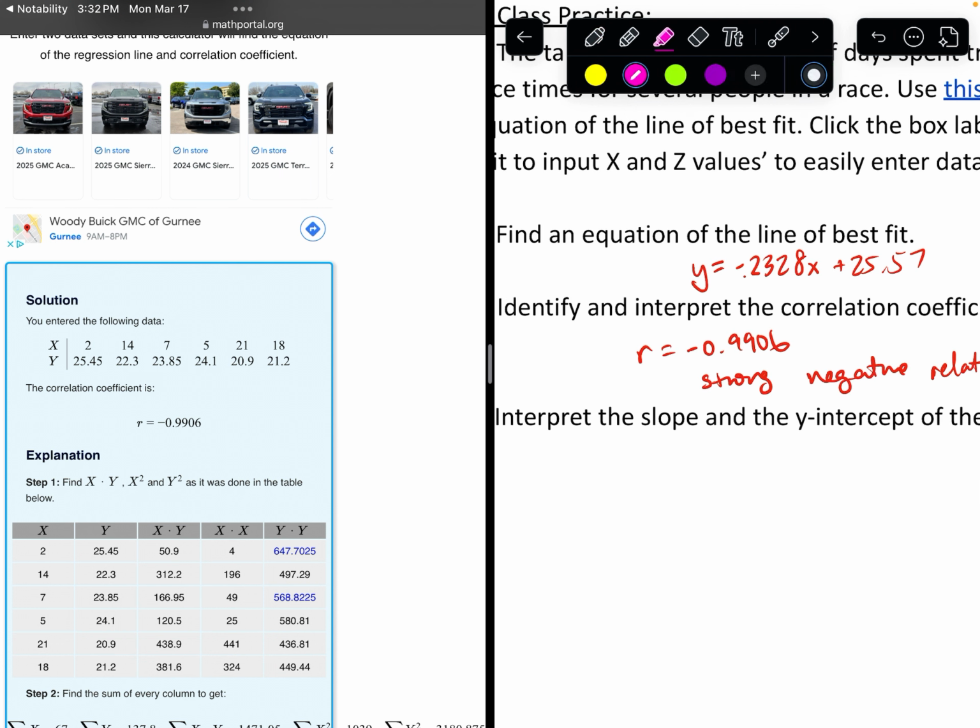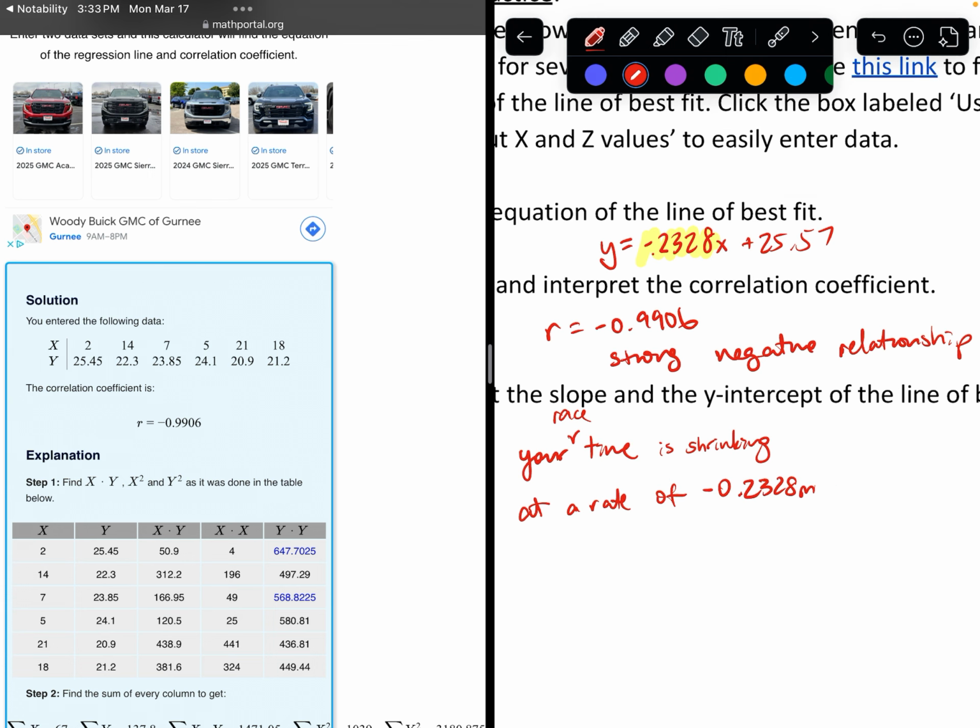Your slope is this number right here in front of your x, so negative 0.2328. What does that mean? That just means your race time is shrinking at a rate of negative 0.2328 minutes per day of training.